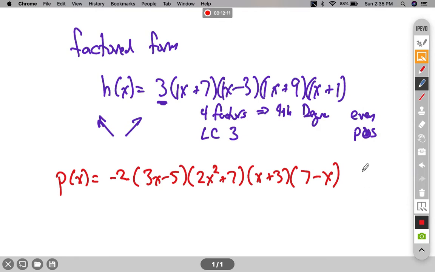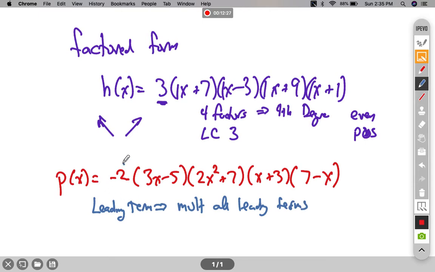So what we can do to find the leading term is multiply all the leading terms. So we got a negative 2 here, 3x here, 2x squared there, 1x here. Now here, this is the leading term on this last factor because it's the highest exponent.